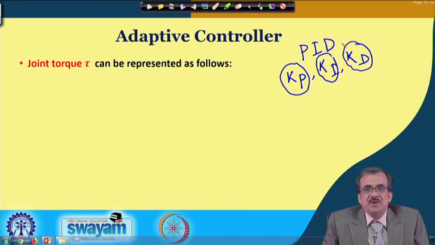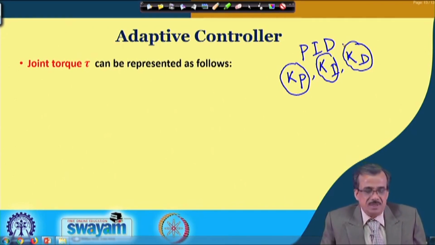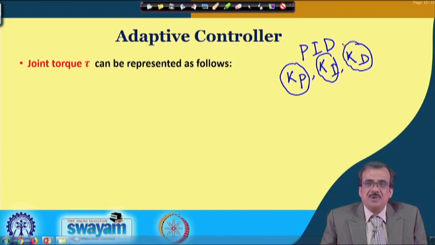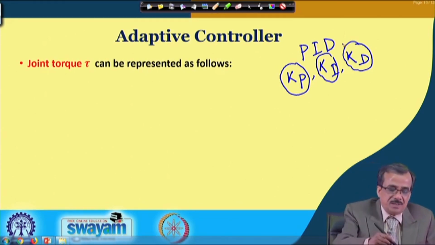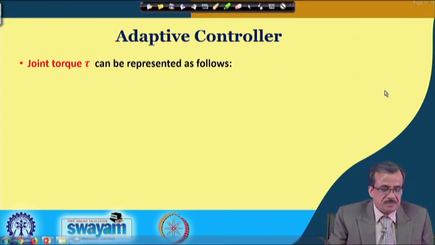You simply try to understand how to use fuzzy logic and neural network to design and develop the adaptive controller. You need not understand 100% the working principle of a PID controller, but let me spend some time on that so that you can get some idea. My main emphasis is how to design and develop the fuzzy logic based or neural network based adaptive controller.